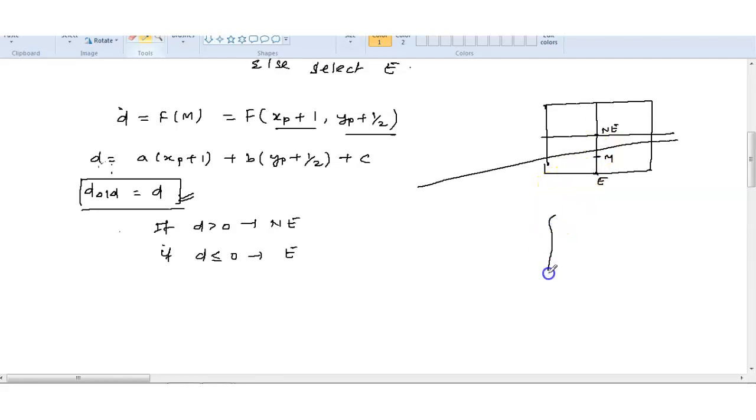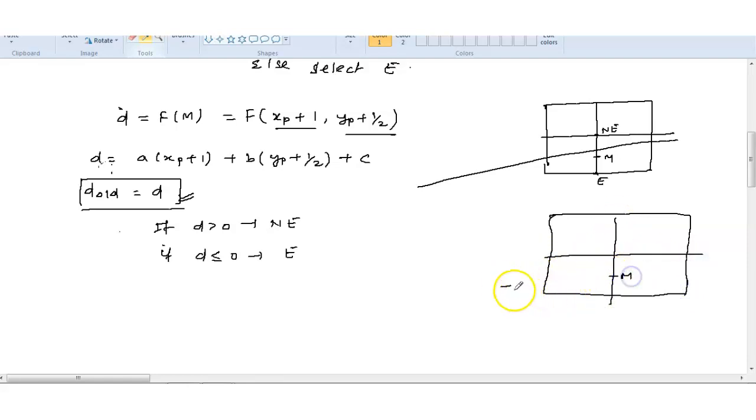When it is outside, like this one, this is the midpoint and this line is passing from here. So in this case the midpoint is inside the straight line, and in this case the midpoint is outside of the straight line. The midpoint coordinate is xp plus 1 and yp plus half in both cases.